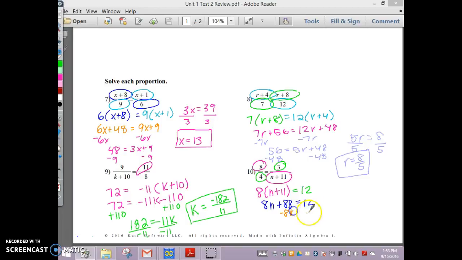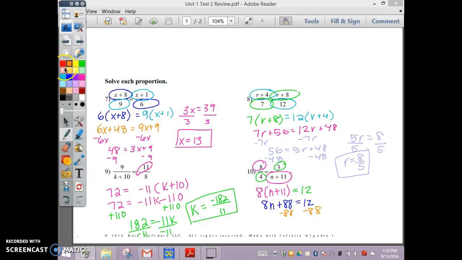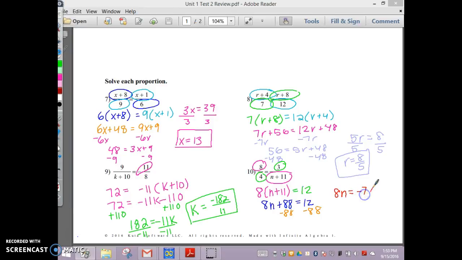I'm going to subtract 88 from both sides. So 12 minus 88 is going to give me negative 76. Divide both sides by 8, and I'm going to simplify my fraction. Both 76 and 8 are divisible by 4, so that's going to leave me with negative 19 over 2.